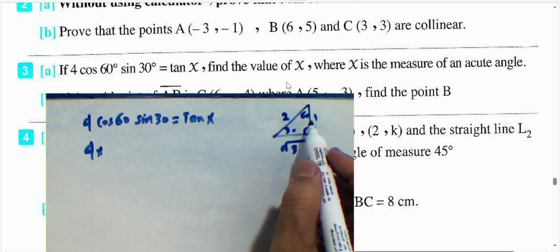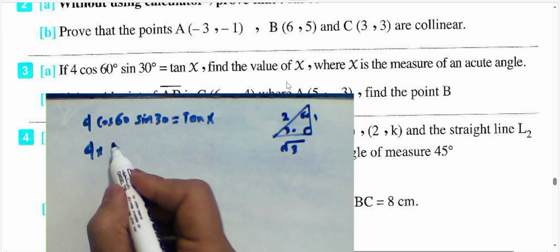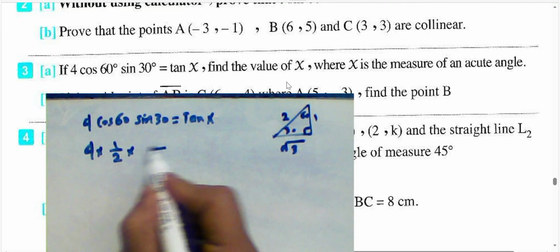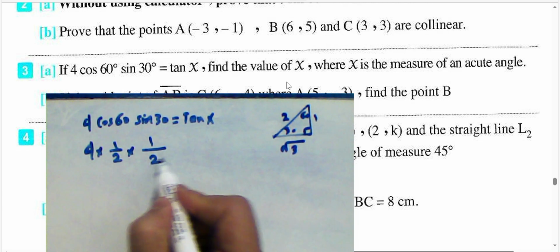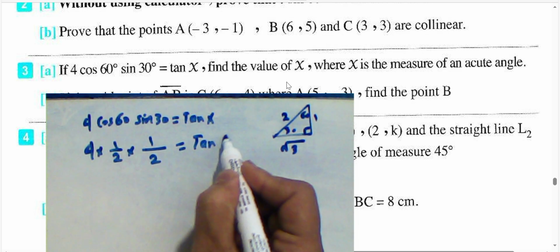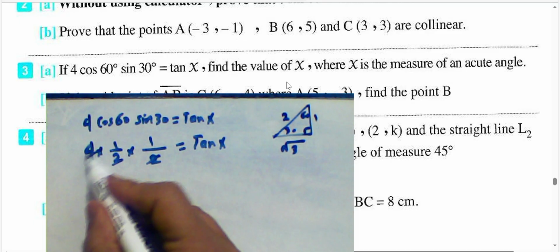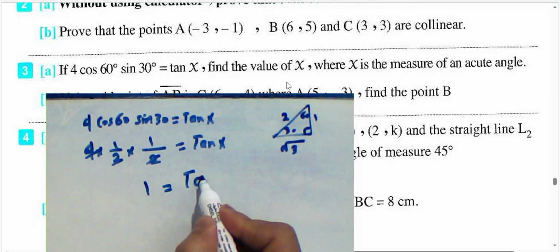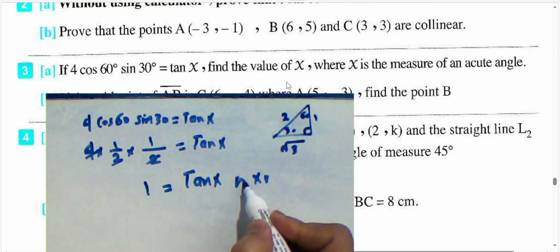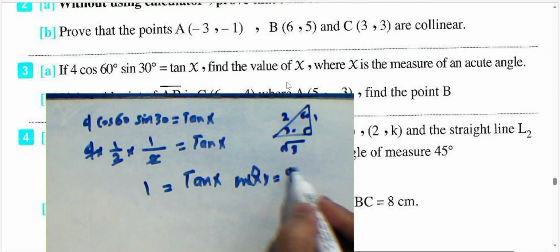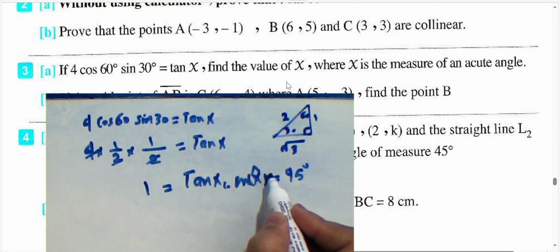Cosine 60 is adjacent over hypotenuse, 1 over 2. Sine 30 is opposite over hypotenuse, 1 over 2, equal tan x. We can simplify, the result will be 1 equal tan x. So the measure of angle x is 45 degrees.